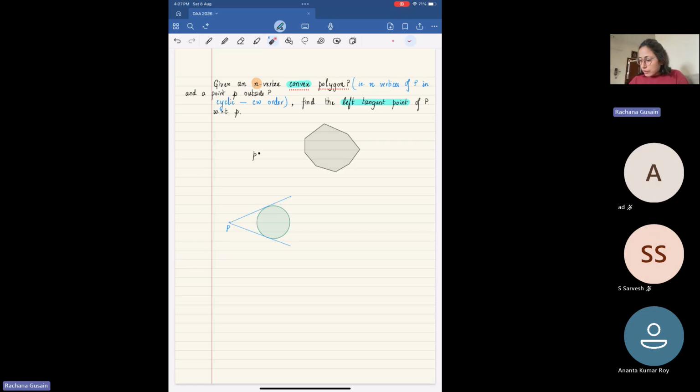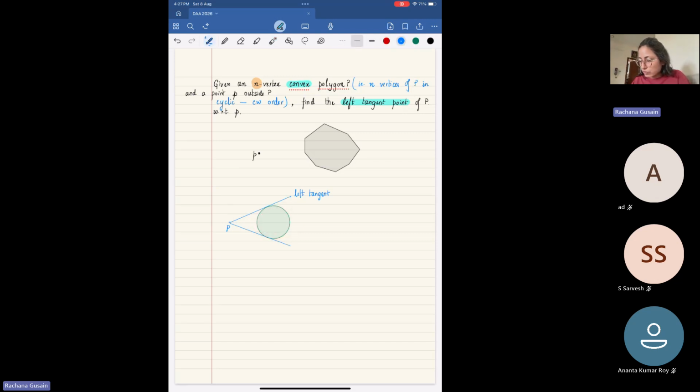Now I'm calling this a left tangent. I don't know, do we use this notion of left tangent and right tangent with respect to circles? I'm not sure. By left, I mean that the entire circle is to the right of that tangent.